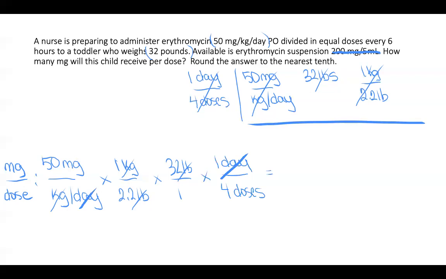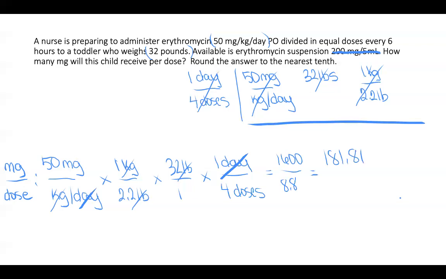So I can now do my math straight across. 50 times 1 times 32 times 1 is 1,600. And then 1 times 2.2 times 1 times 4 is 8.8. 1,600 divided by 8.8 is 181.81.